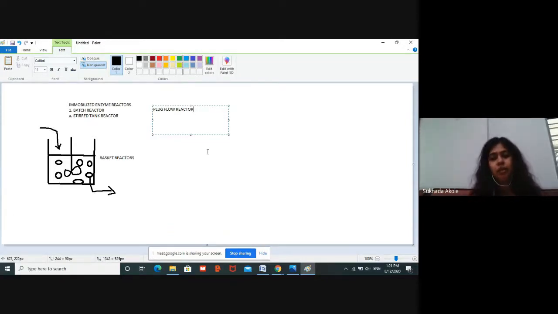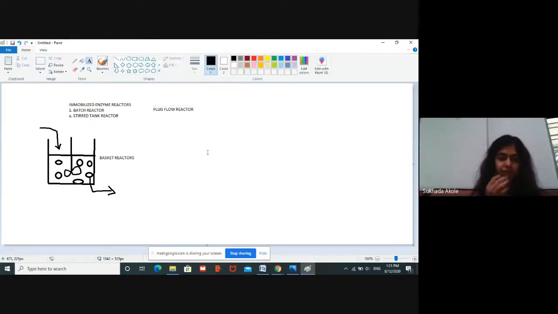I have a plug, I have a reactor. These reactors are an alternative, flow pattern type of reactors. The flow rate of fluids is controlled by a plug system. The plug flow type reactors may be used in the form of packed bed or fluidized reactors. So how do they look?